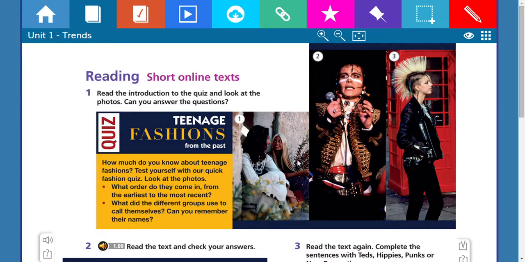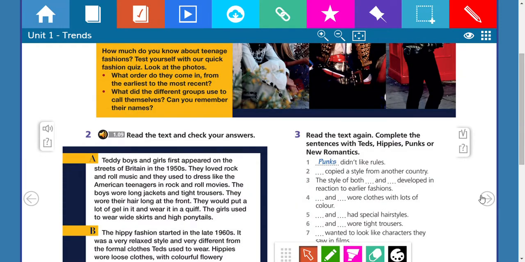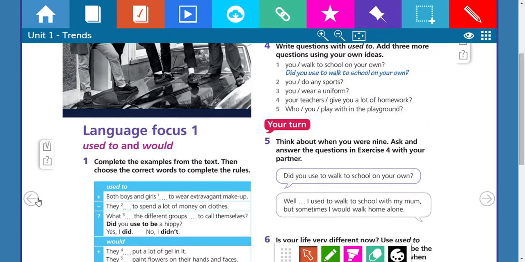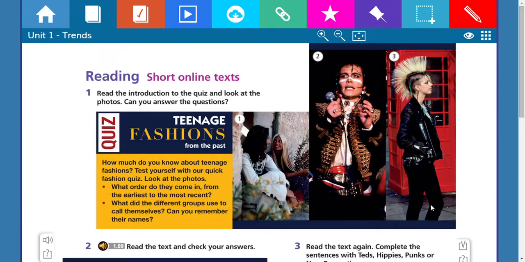Okay, which one is the earliest? And which pictures are most recent? Only look at the pictures. For example, identify this picture is black and white, and the others are in colors.